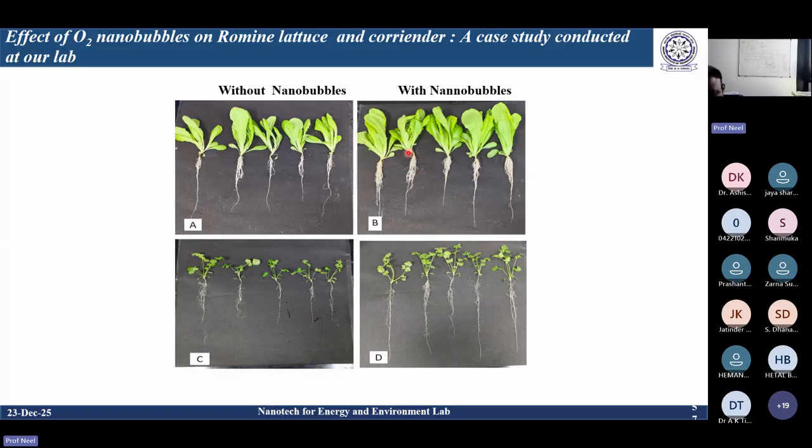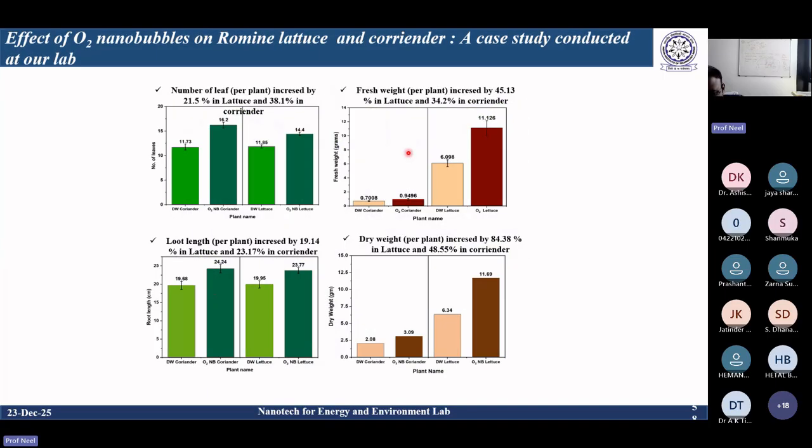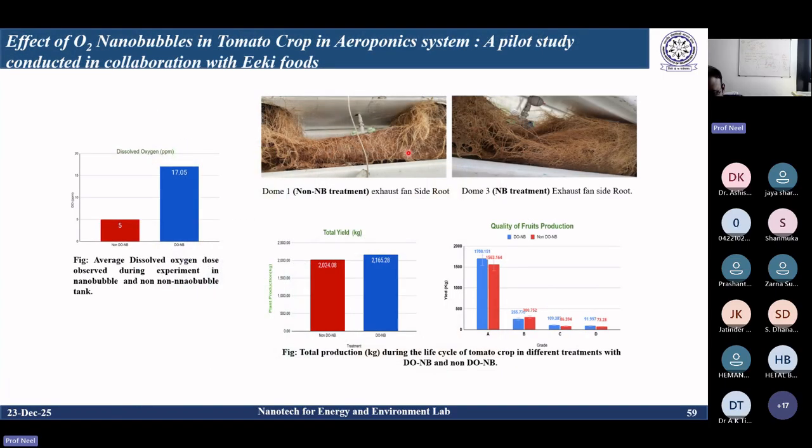And similarly, if you look at the length of the root, it is also much bigger in case of nanobubbles. And similarly, we have seen in case of the number of leaves, fresh weight, dry weight, shoot length and root length, all have been seen to be much higher in case of nanobubbles. Similarly, we have done a lot of studies on tomato. Tomato growth is also seen to be much bigger.